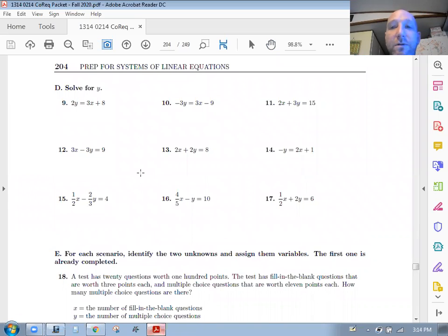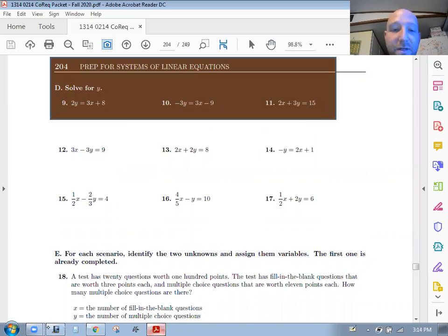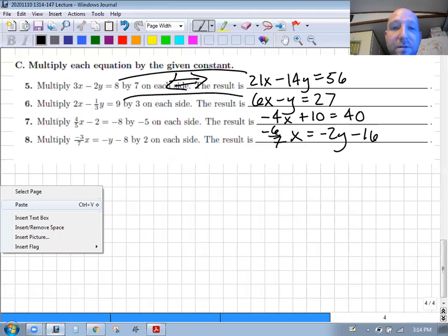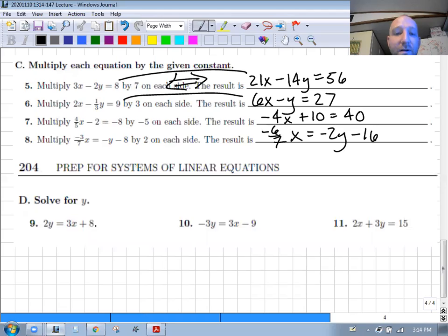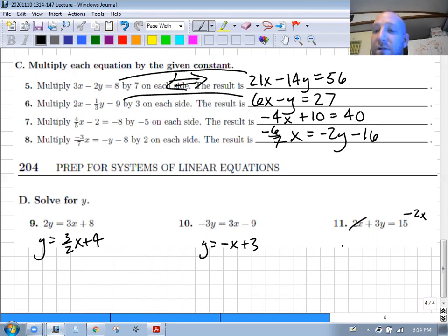All right, 204 here. Y'all ought to be pretty good at this by now. Solving for y. All right, if we divide everything by 2, we get that. If we divide everything by -3, we get that. Here we'll subtract 2x from both sides, and then divide both sides by 3.